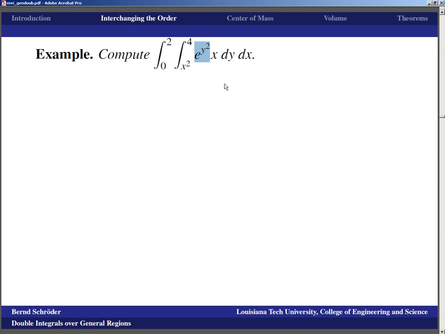So maybe if we delay the dy integration and first do the dx integration, we get something that will allow us to make a substitution. However, in order to get to that point, we first have to visualize the region of integration. So we draw ourselves a coordinate system, and if necessary you put the scale on there and plot points.